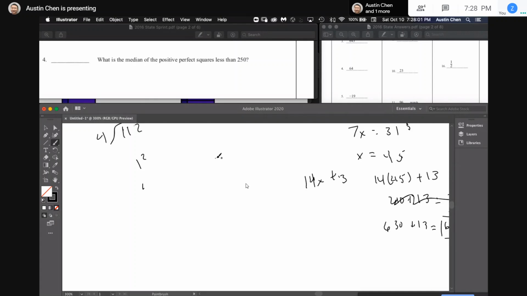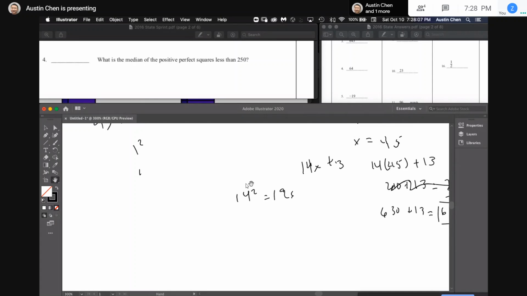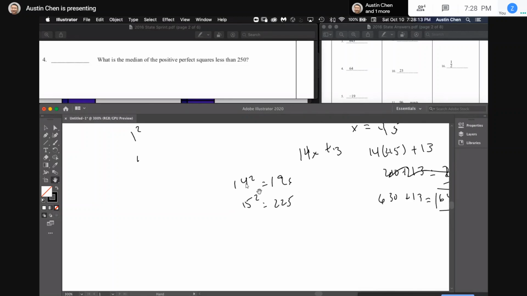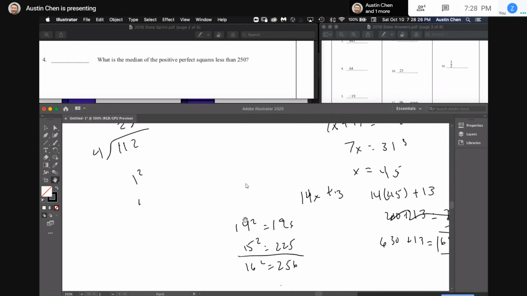You should know that 14 squared is 196, pretty close to 250, but 15 squared is 225, and 16 squared is 256, which is too high. So 15 squared, 225, is our largest perfect square less than 250.